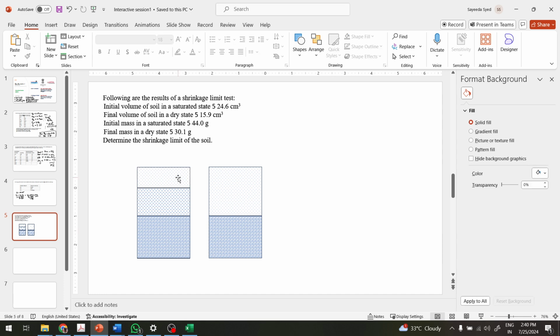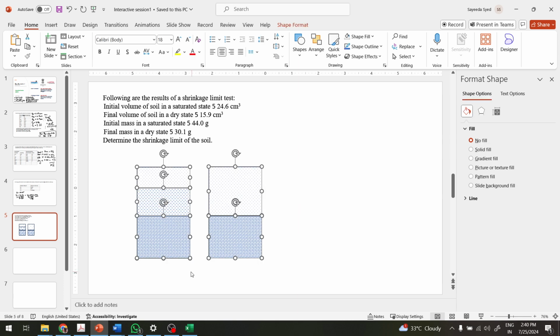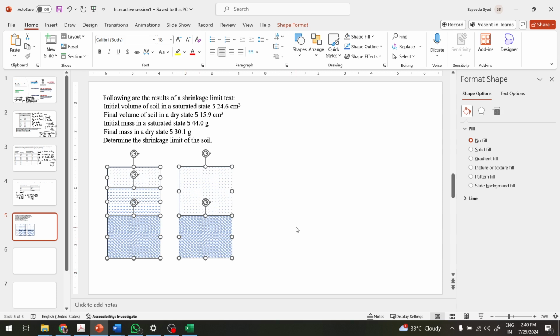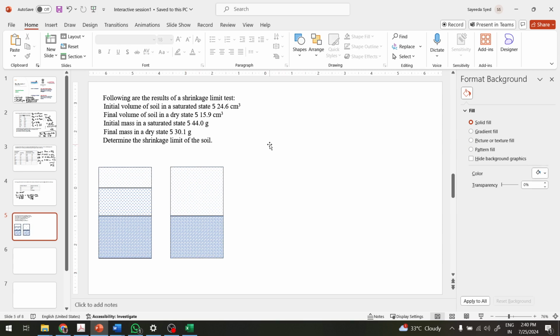Okay, so we will have air, water, solids, and then we will dry it. We will only have solids and water. This is the phase diagram. Let me show you.